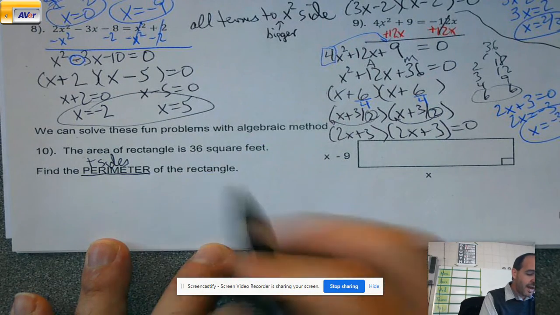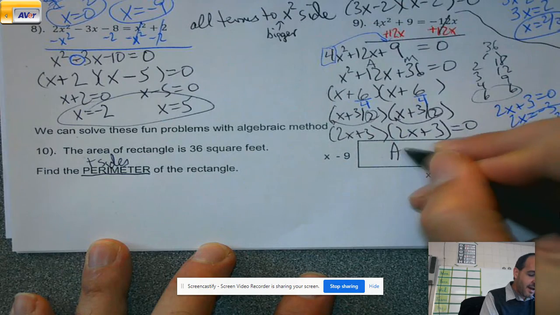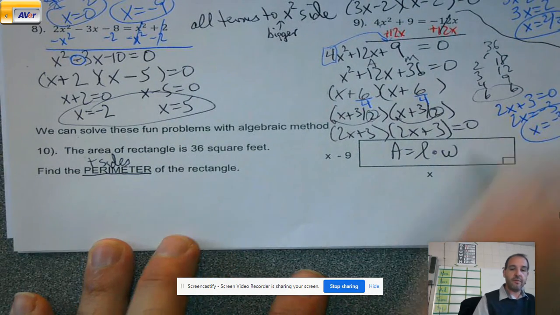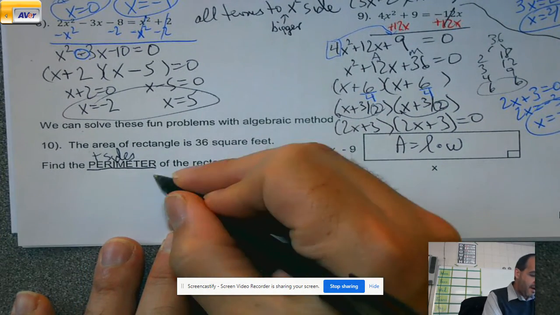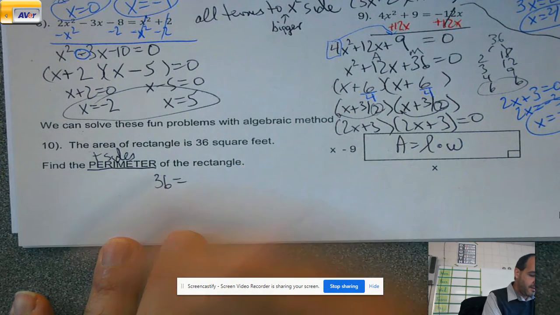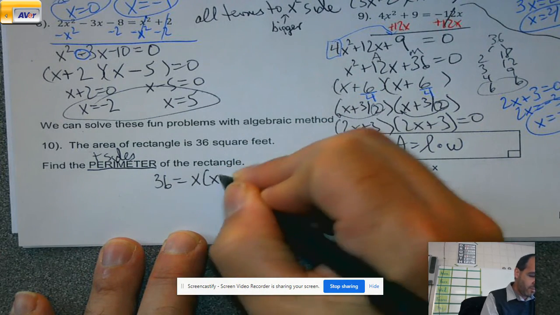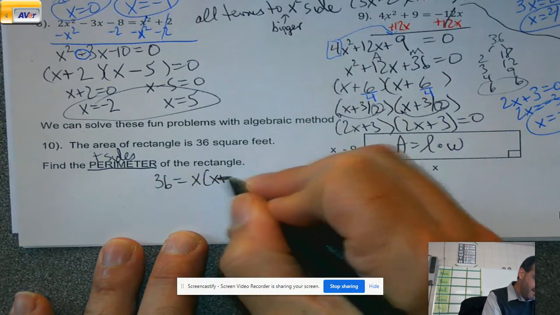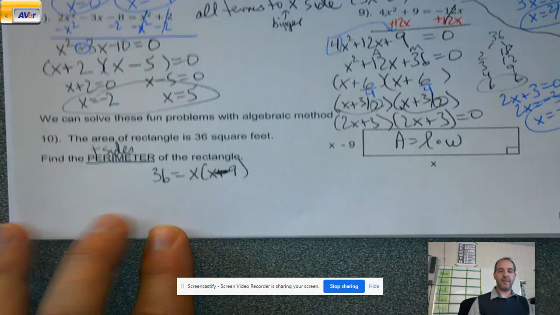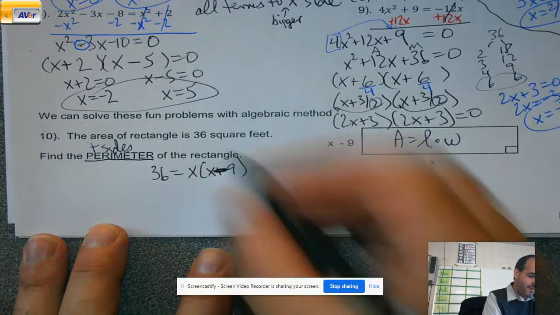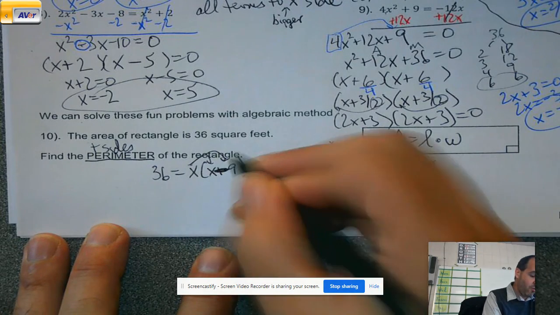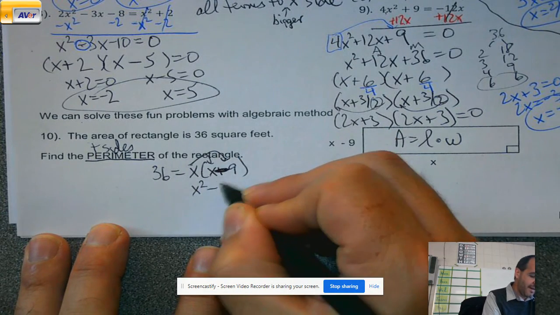So if the area, because area is length times width, area equals, minus, Hardy, minus. Somebody's gonna have to holler at me later if I forget that in a minute. We'll see. Distribute this out, x squared minus 9x.